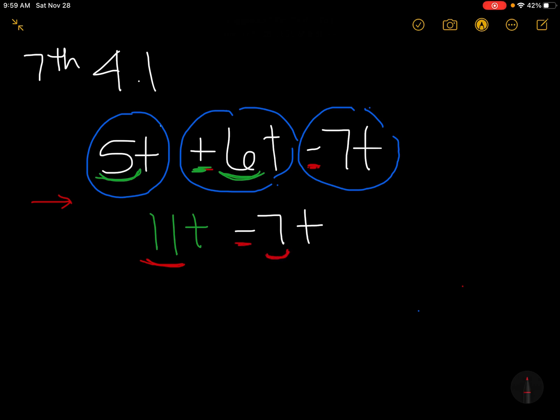We can do that because they're both terms with t in them, just plain Jane t. And we know that that is going to equal 4. We keep that term. We've combined all three of those to equal 4t.